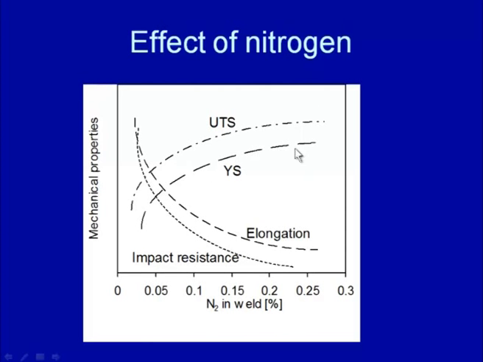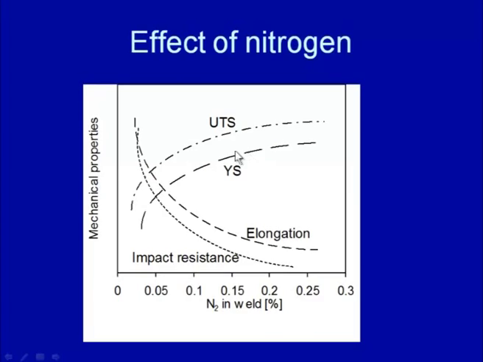This increase in strength and hardness, the increase in tensile strength and yield strength, is mainly attributed to the formation of the hard and brittle needle shaped iron nitrides.